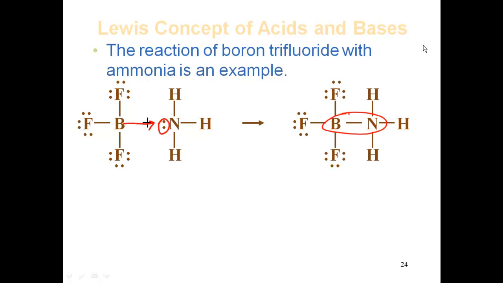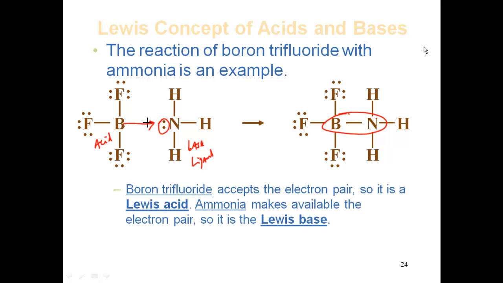By the Lewis definition, since NH3 is bringing the lone pair with it, this would be my base, or, when we talk about coordination chemistry, the ligand. It will combine with that boron, the BF3, which is the acid component.